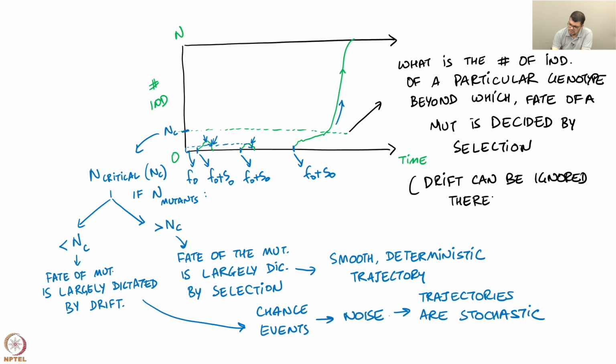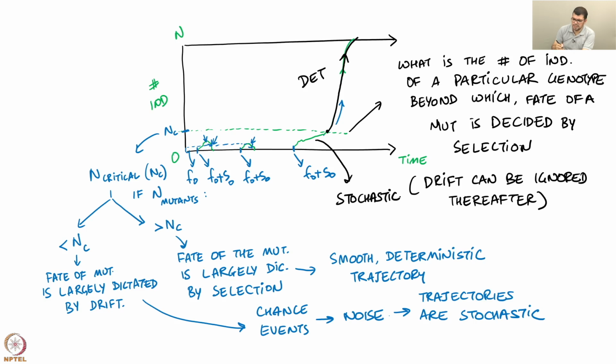As we can see in this trajectory, from some point onwards the trajectory is relatively smooth, obeying mathematical laws, and this is the deterministic trajectory. This here is the stochastic bit.